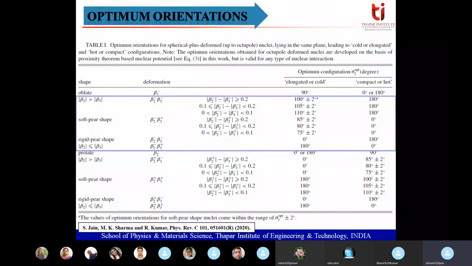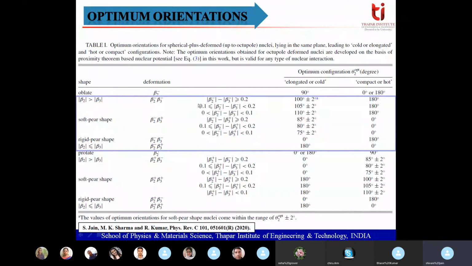First, for the soft pear shape, you can see that there are some fluctuations in the optimum orientation for the cold configuration. These fluctuations are due to the magnitude of beta 3.